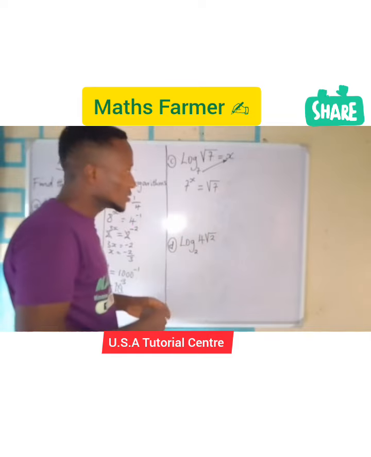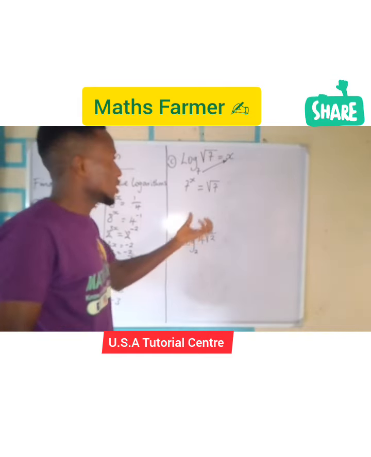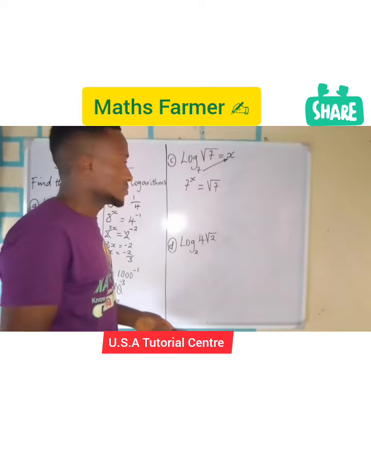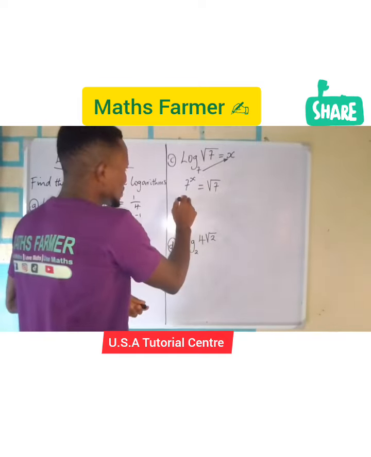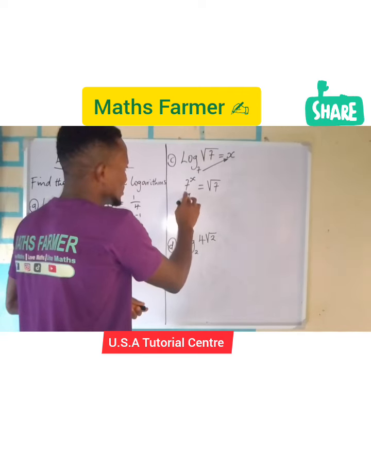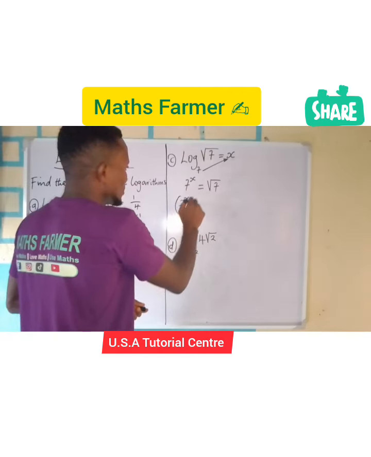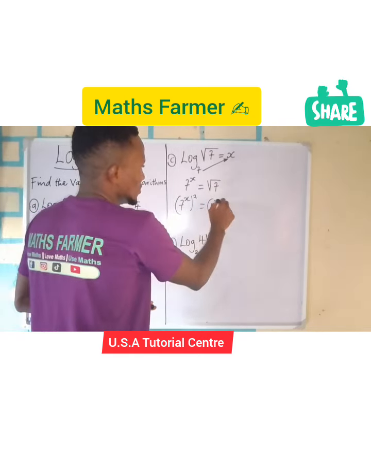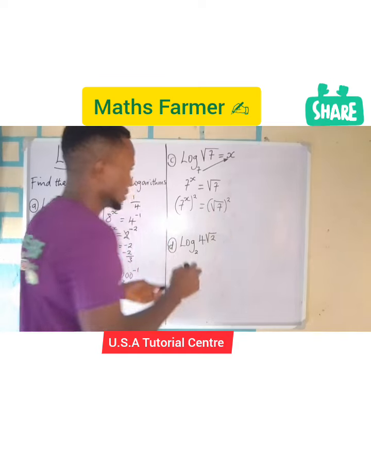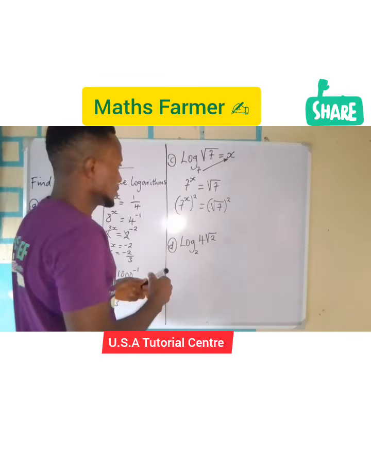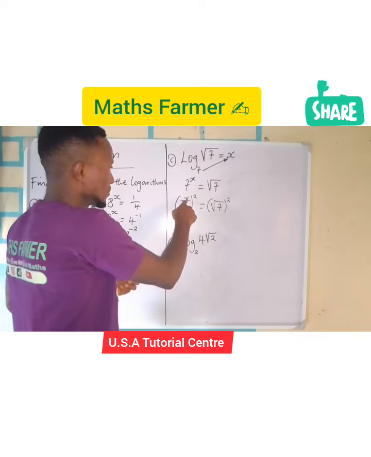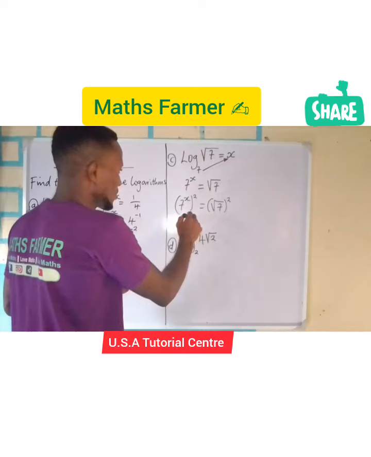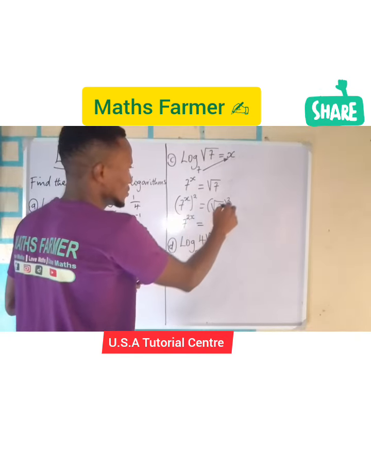The reason why we are squaring both sides is that there's a square root here. We want to remove the square root covering 7. So now we have squaring both sides. Look at the square here, equals root 7 squared. So moving further, x times the power here, x times 2 is 7 raised to the power of 2x, equals the square.